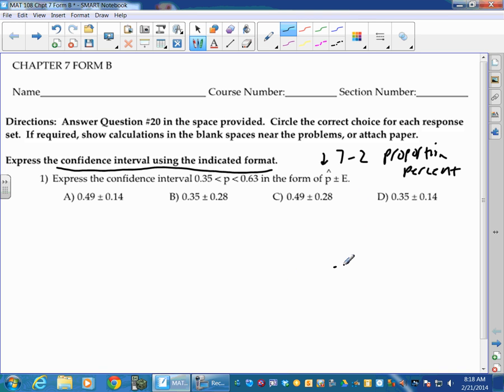So, your picture. Here are the numbers right here. 0.35, 0.63. You have to find p hat. And you have to find the error. Some of you that are slow starters need to get with it. P hat and the error.